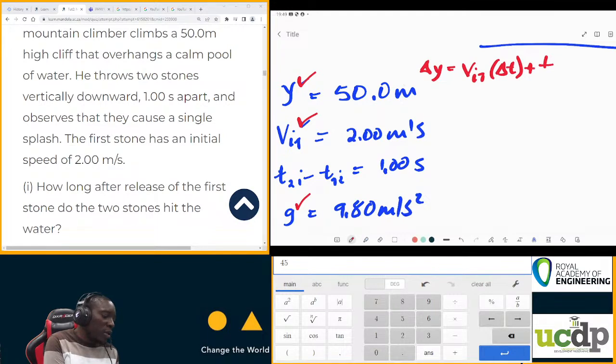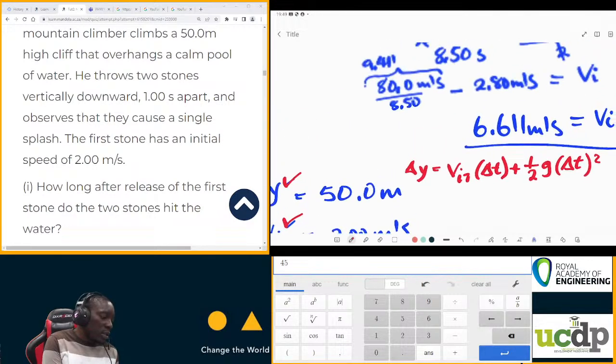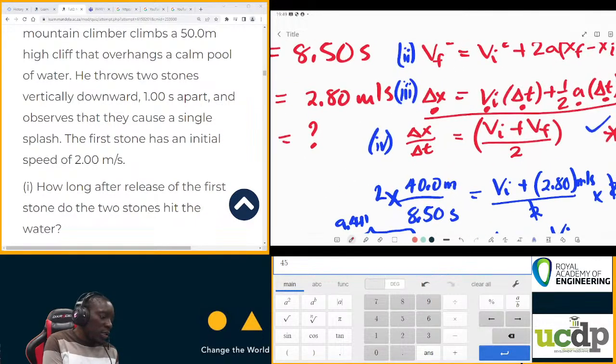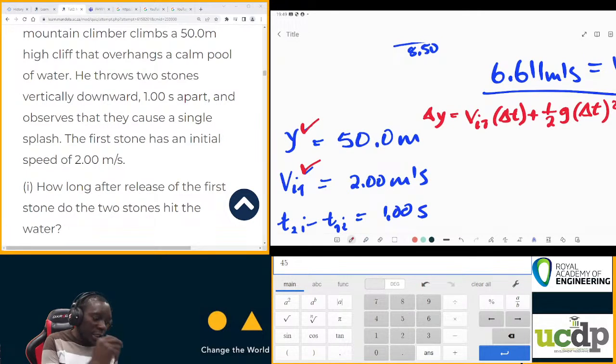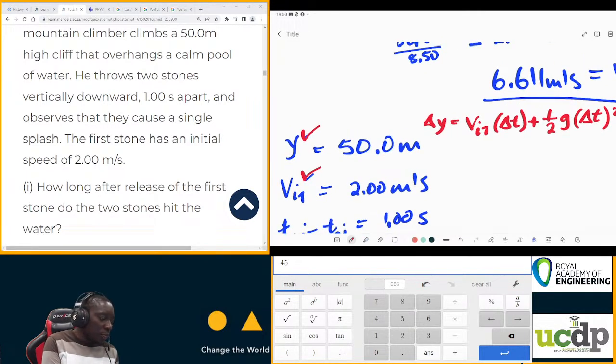Remember, so delta y will be positive, v1 will be positive, g will also be positive. So this is the equation. Delta x equals v1 delta t plus half a t squared. So that's the same equation. This time we are dealing with the y vertical direction.